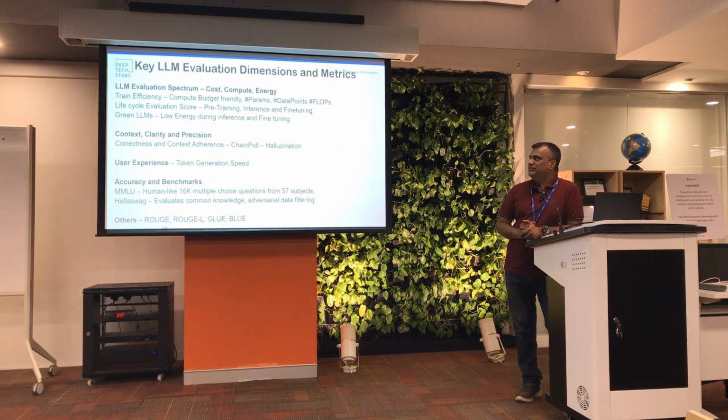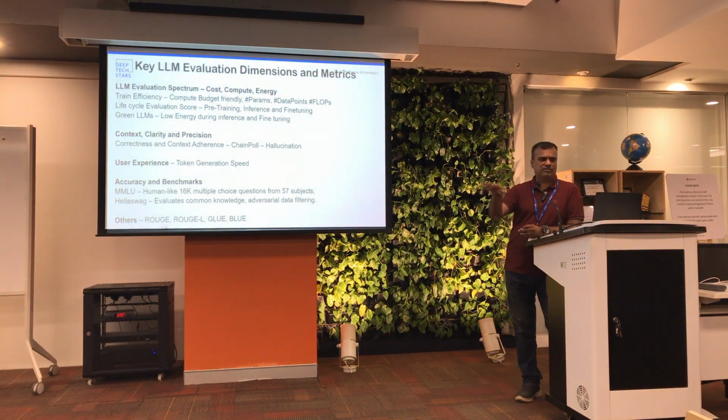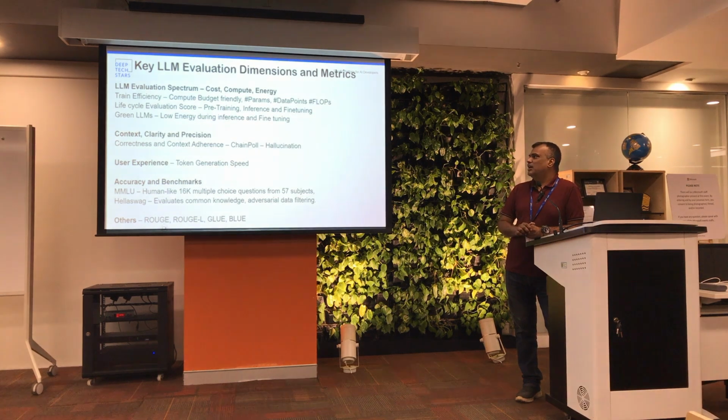While training, we need to understand the number of parameters, the number of data points, and the representativeness of the data points that we train on, because that's going to directly reflect on the evaluation parameters of the LLM. One parameter could be accuracy, and we'll talk a little bit about RAG and other nuances we can introduce later. And the flops are kind of fixed. It's a given budget. It's a deterministic function.